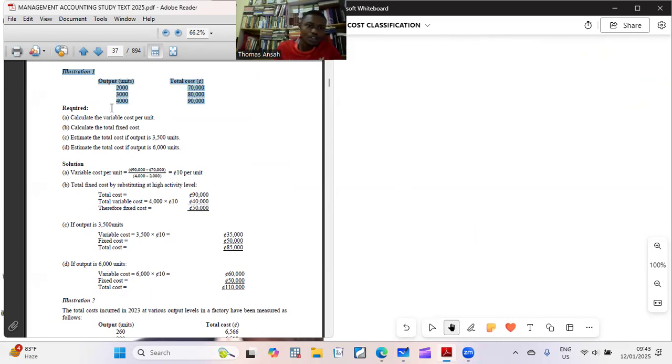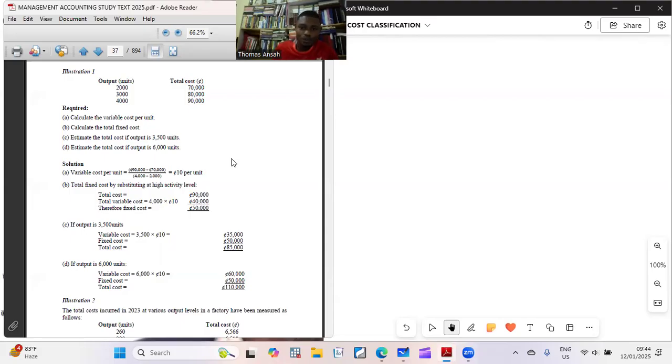And we have been asked to calculate the variable cost and find out the fixed cost and estimate the total cost if 3,500 units is produced, and also do the same thing if, let's say, 6,000 units is produced. All right. So we need to find the breakdown.